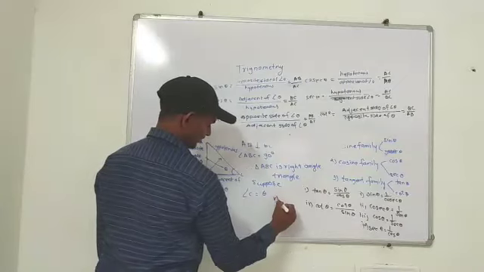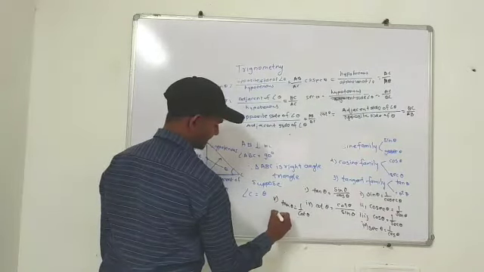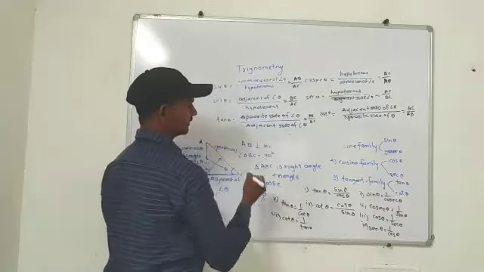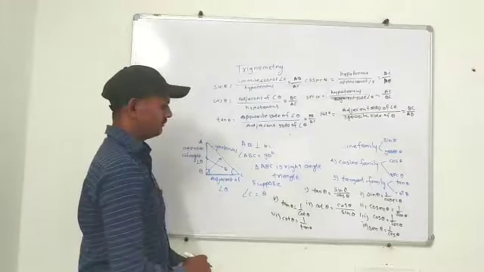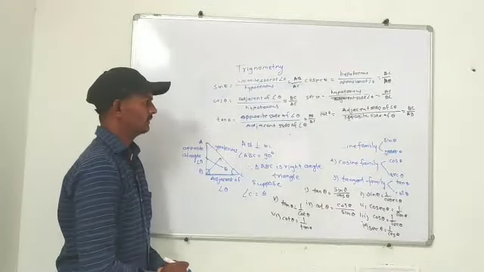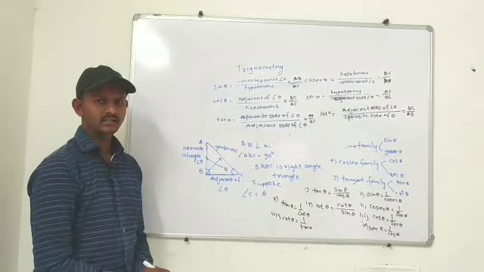Also, tan theta is the reciprocal of cot theta, and cot theta is the reciprocal of tan theta. Okay, these are the reciprocal identities of trigonometry. Right? We will see the trigonometric identities in the next lecture.